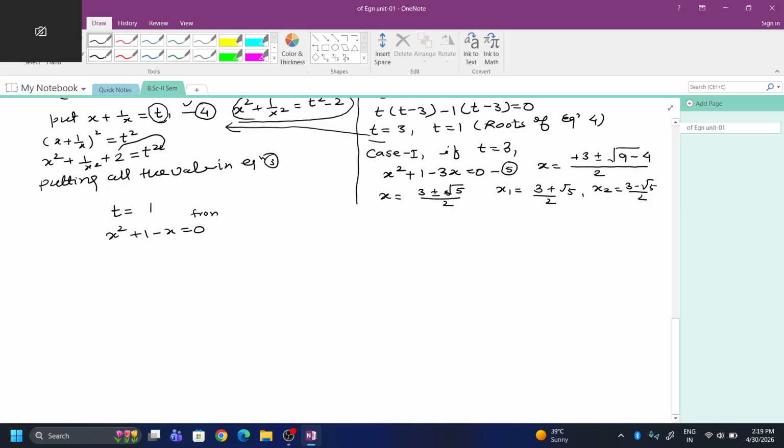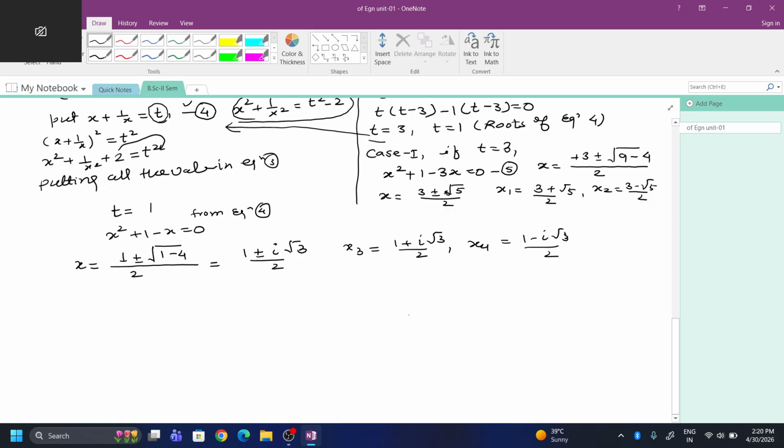So we again simplify by using the quadratic equation formula, minus b plus minus root b square minus 4ac upon 2. After simplification, we get 1 plus iota times root 3 upon 2. So what is your x3? x3 becomes 1 plus iota root 3 upon 2 and x4 becomes 1 minus iota root 3 upon 2.